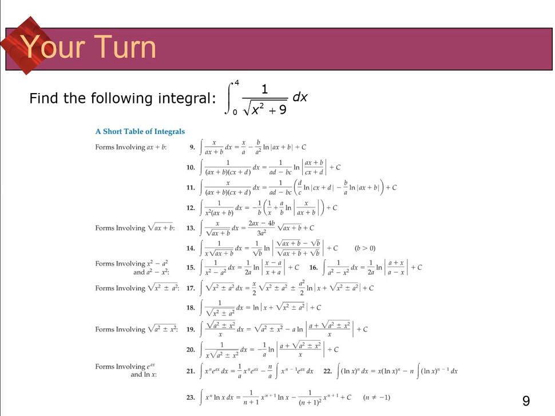And of course, the first 6 are those we encountered early on in Chapter 5: the x to the n power rule, the e to the x power rule, that sort of thing. These are the general rules that we have. Which one of these rules am I going to have to use in order to evaluate this integral?